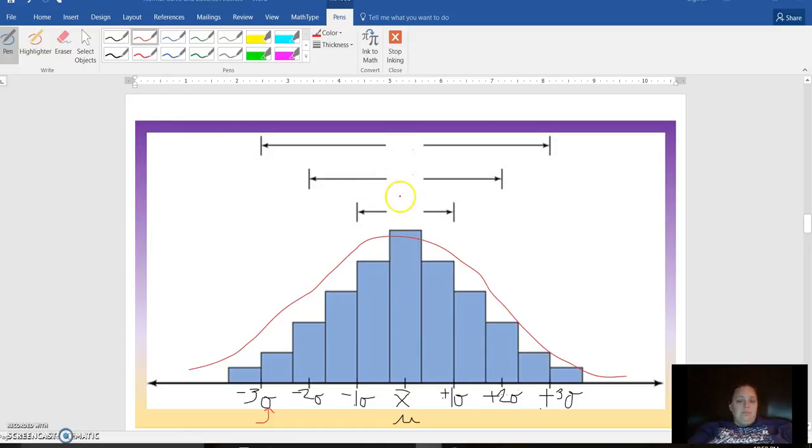So one standard deviation is 68% of the data, super important. 2 standard deviations is 95% of the data.